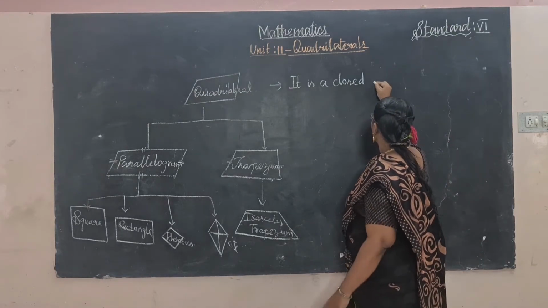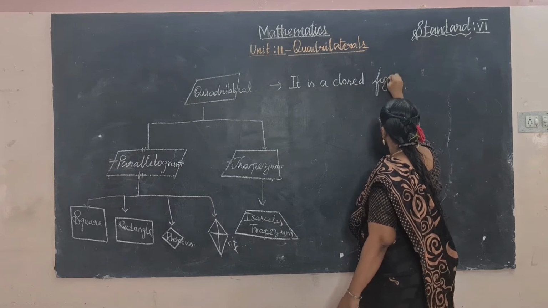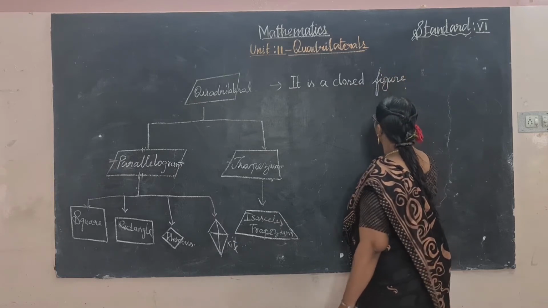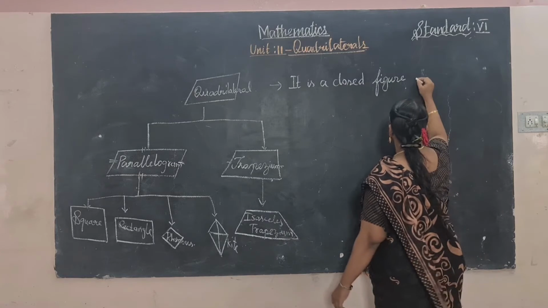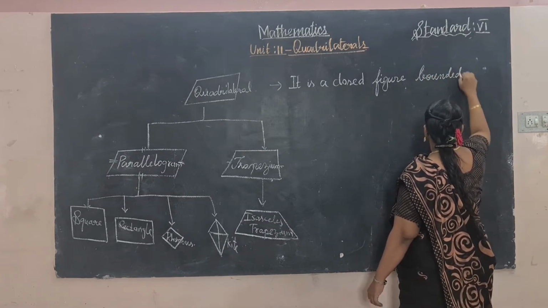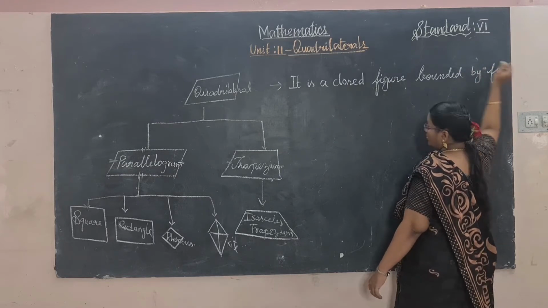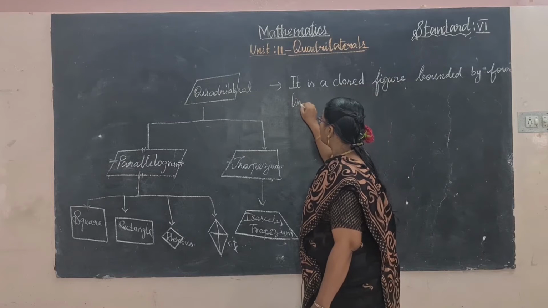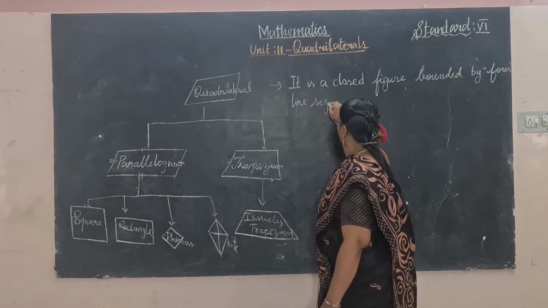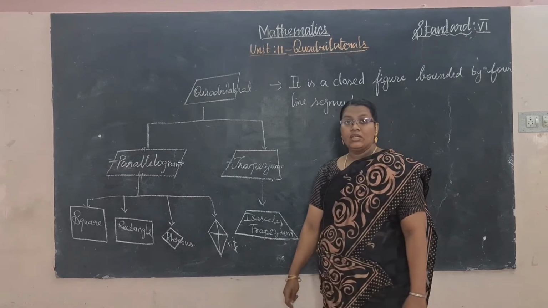It is a closed figure bounded by four line segments. That is called the quadrilateral.